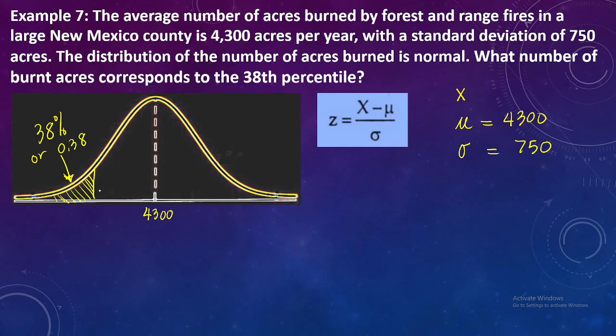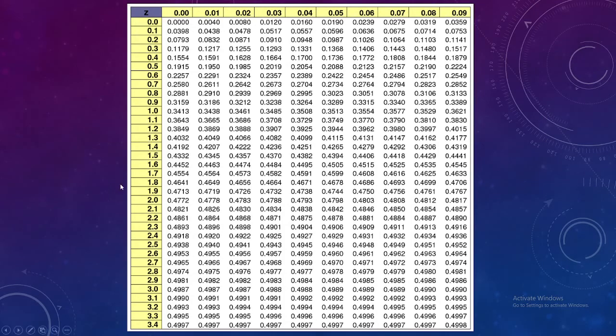By the way, we need to subtract that because this area is what we use to solve z. So 50% minus 38% is 12% or simply 0.12. So for that 0.12, if I'll be locating that in the z table, 0.12 over here.